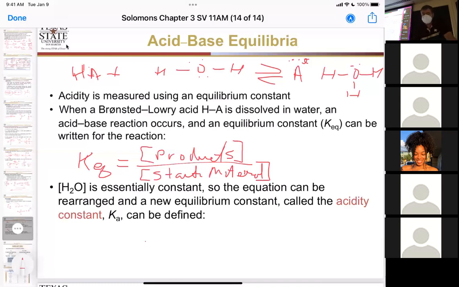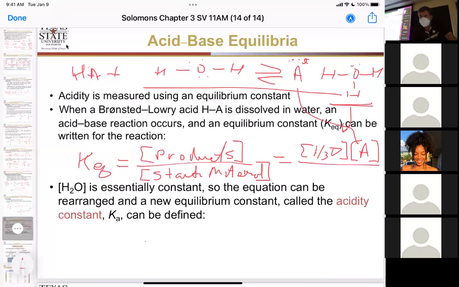Okay. So in the case of our acid-base reaction up here, we actually have to do the concentration of hydronium ion, because that's a product, the concentration of whatever the conjugate base is, divided by the concentration of water initially and the concentration of the acid initially. Okay?